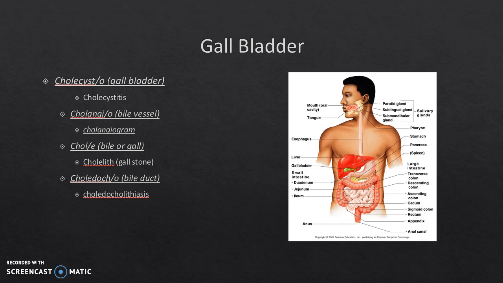But if you get it in the duct, which is something I've had before, you get choledocholithiasis. So depending on where that stone is at, it depends on how we name that stone. So make sure you understand that around this gallbladder, there's the bladder itself, there's the duct, there's the vessel, and that'll be important for your quiz.